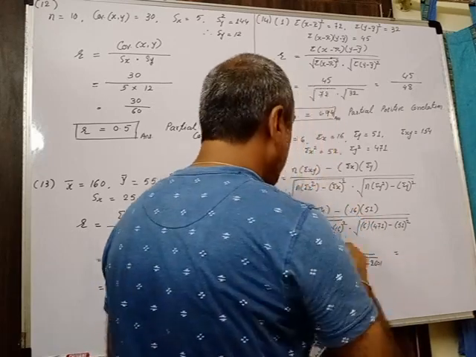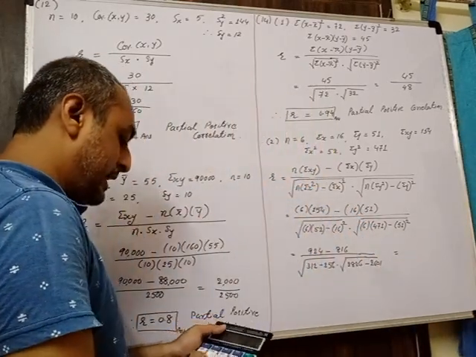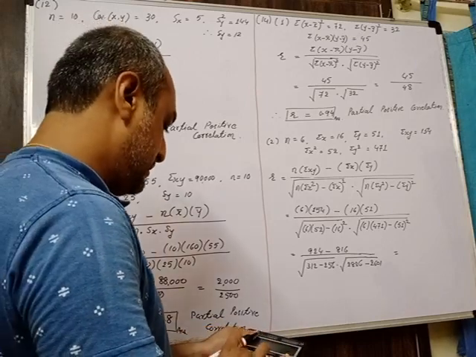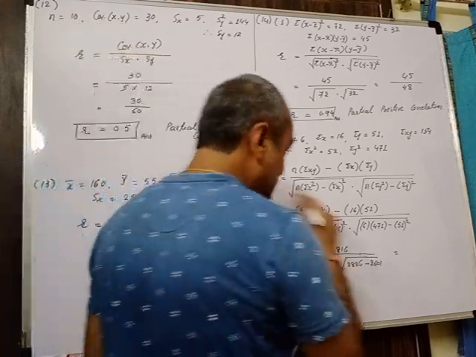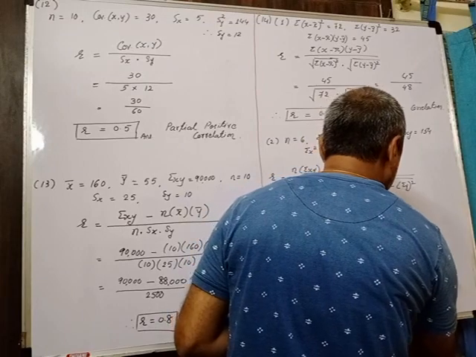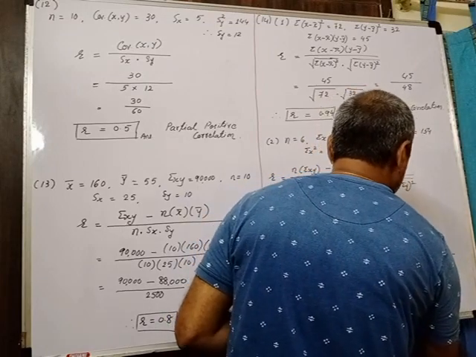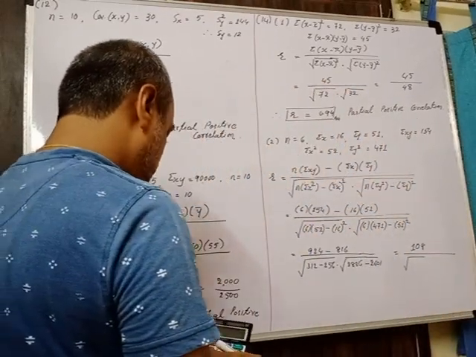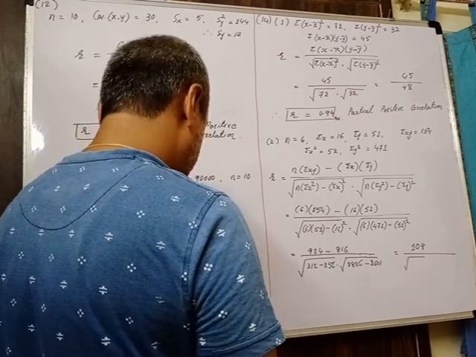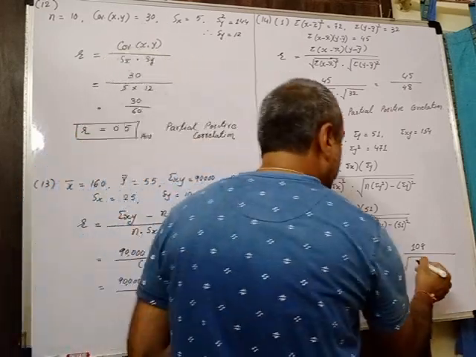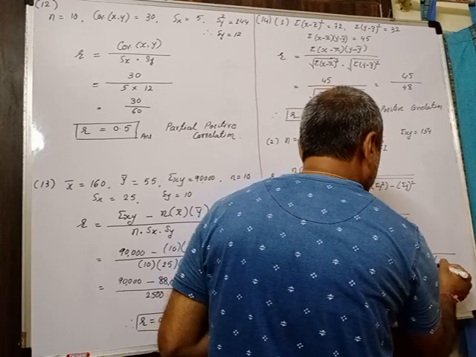Now the numerator deduction, 924 minus 816, comes to 108, divided by the first root, 312 minus 256 is 56, into the next root.